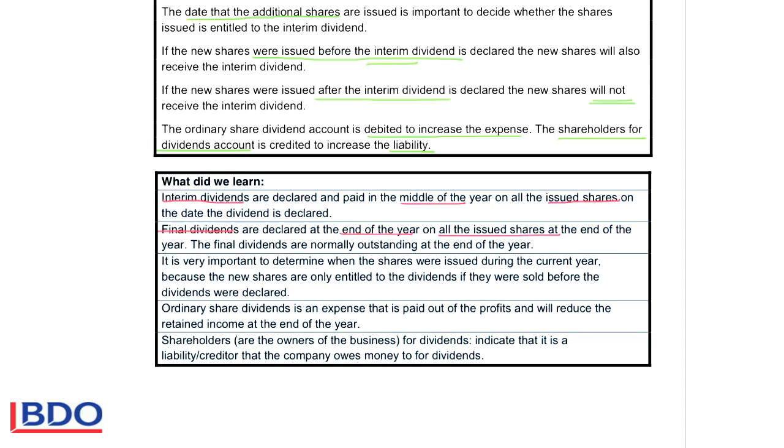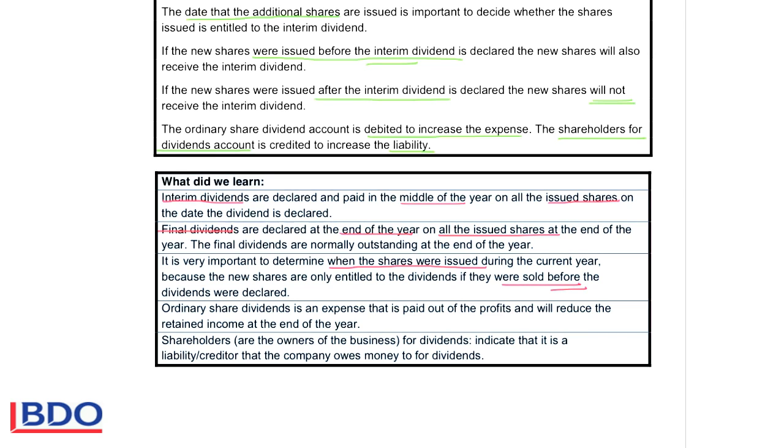The final dividends will normally be outstanding at the end of the year and will be paid at the beginning of the next financial year. It is very important to determine when the shares were issued during the current financial year. You must determine the date that the new issue was made during the year, because these new shareholders will only be entitled to dividends if the shares were sold before the dividends were declared.